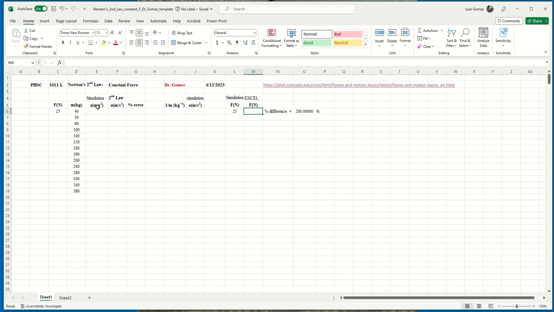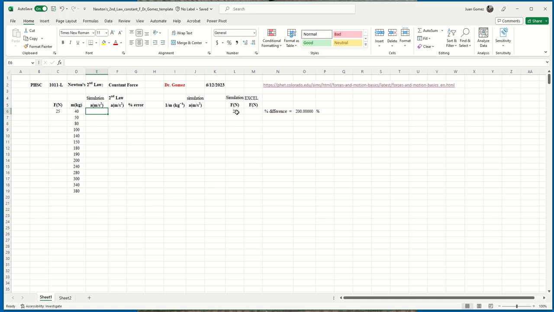Now with the accelerations, we're doing a percent error. We're using column F, the value for A obtained by the second law. We're using that as the accepted value and simulation as the experimental. Now for the force, we're not doing a percent error, we're doing a percent difference.